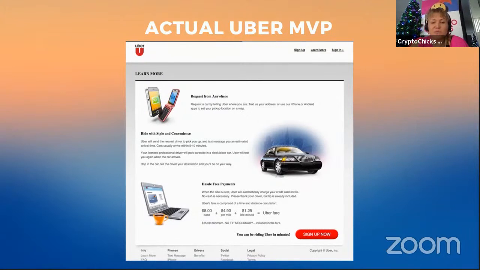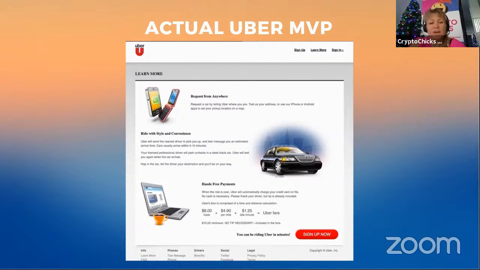And also, once you get into the car, the fare is there on the website, so you already know that you will be paying $15 minimum, or $8 fare plus $4.9 per mile plus idle per minute. So this is the fare. The driver would calculate it for you. You already know how much you would pay.